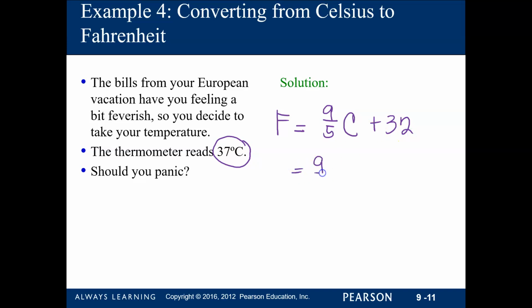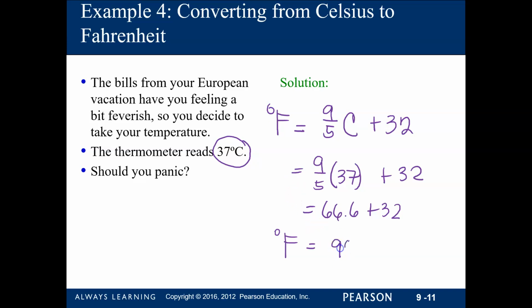So in this case, we will have 9/5 times 37, which is going to give us around 66.6. Adding 32, the Fahrenheit measurement is going to be 98.6 degrees. So 98.6 is actually the normal body temperature in Fahrenheit. Normal body temp, so no need to panic.